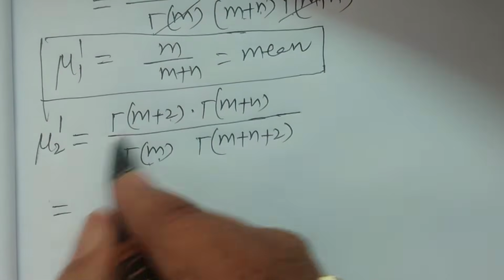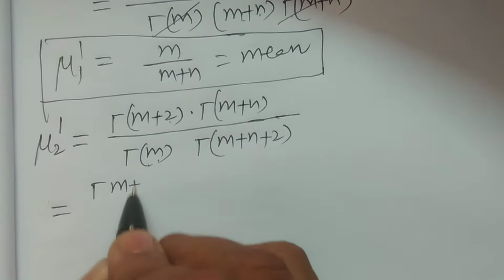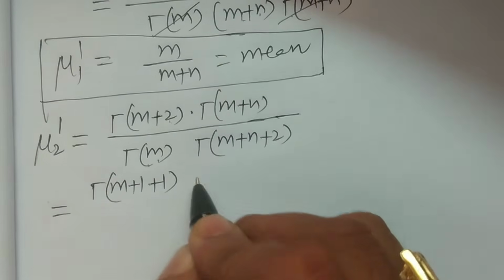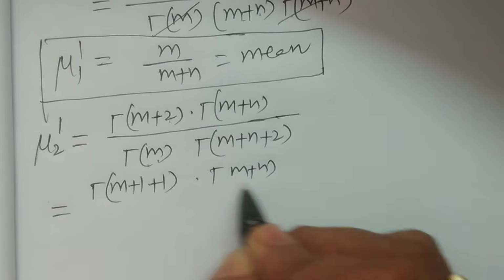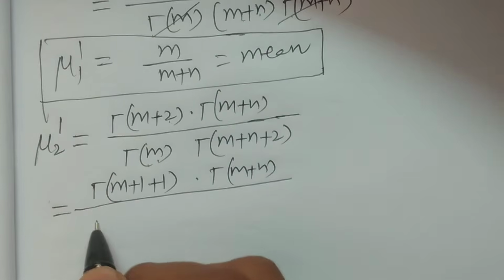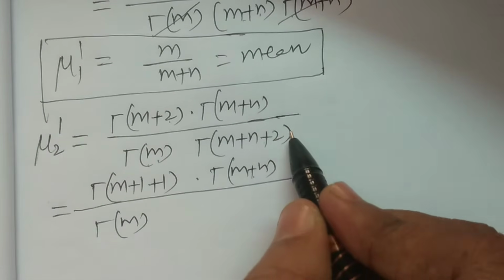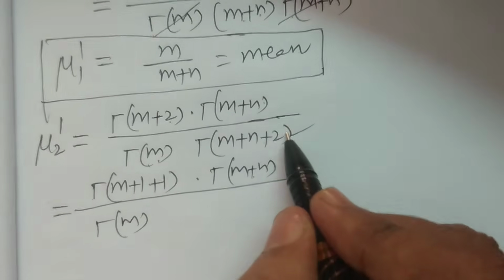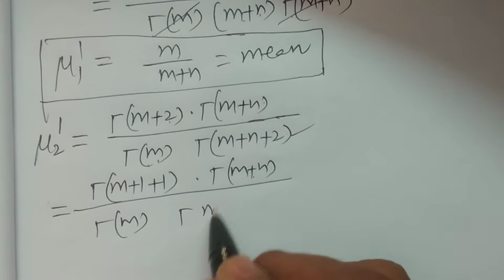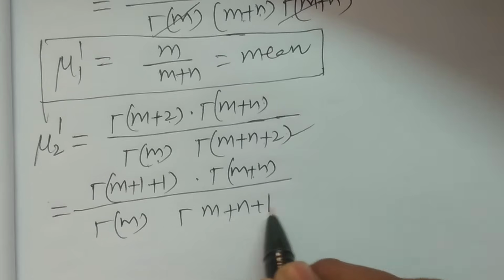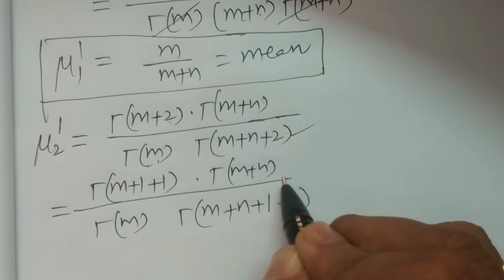So you write gamma of m plus 1 into gamma of m plus n divided by gamma of m. Why have I written gamma m plus n? Because m plus n plus 2 is a higher factor than m plus n. Therefore, here also I am writing m plus n plus 1 plus 1. Hope you understand.